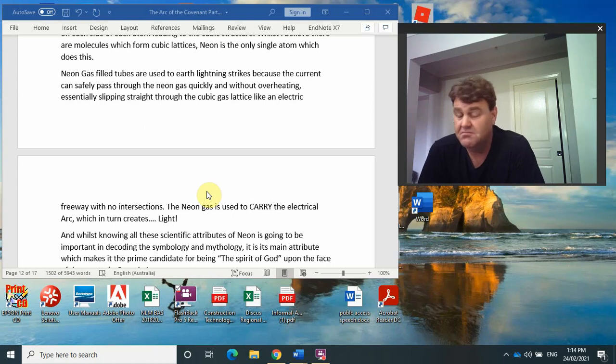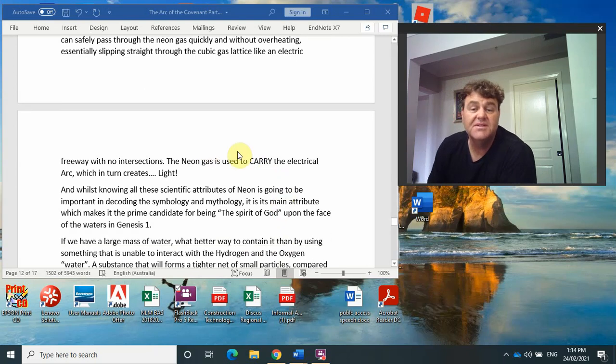They just return back to their normal state as soon as the current's gone. So neon gas is the one that's used to carry an electrical arc, and that in turn creates light.